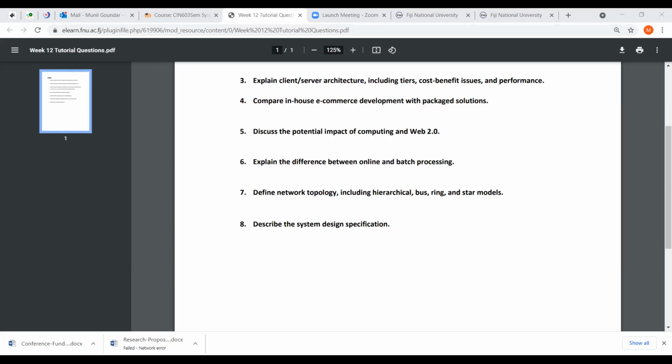So hierarchical, bus, ring, and star models.